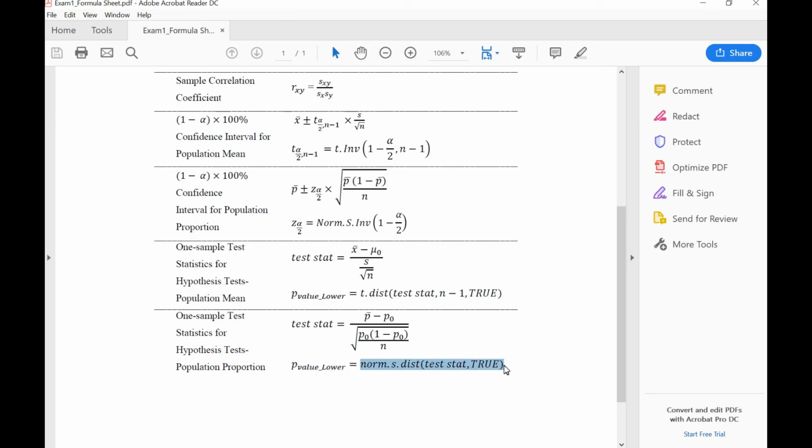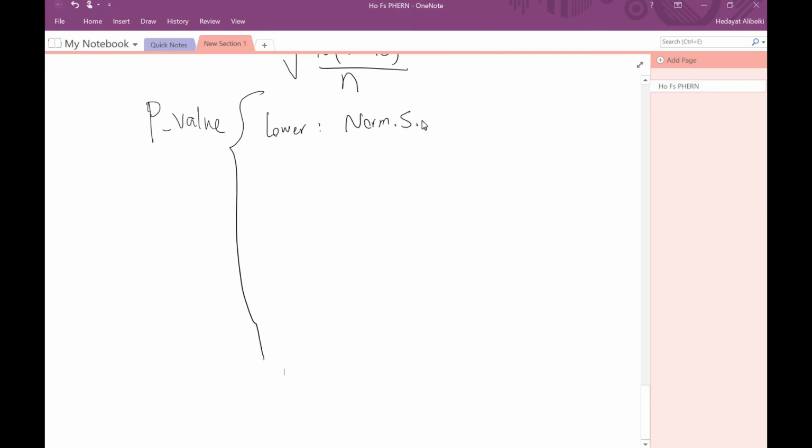So that's what I'm going to do. NORM.S.DIST of test stat, TRUE. So this is the lower tail.